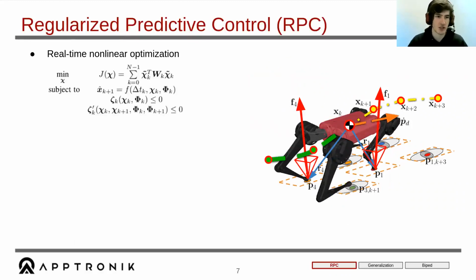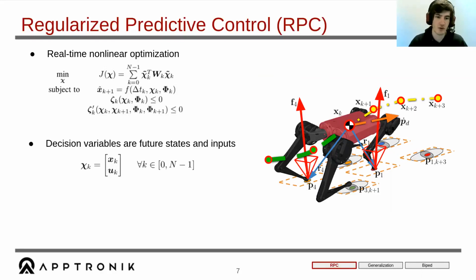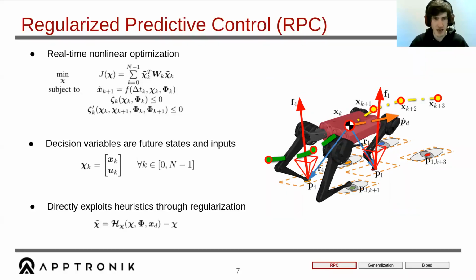So what the algorithm actually is, it's a real-time nonlinear optimization, and the decision variables are both the future states and inputs over some prediction horizon. So at every single time step over your prediction horizon, you're optimizing for the optimal center of mass states and also footstep placements and ground reaction forces.